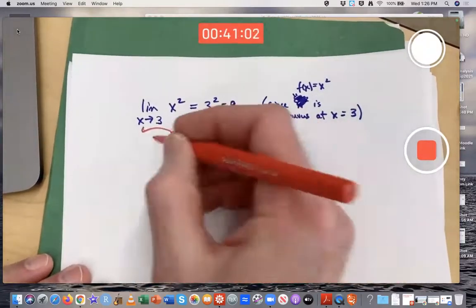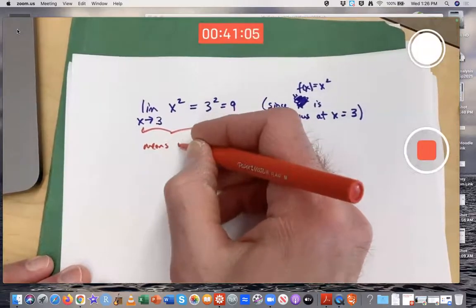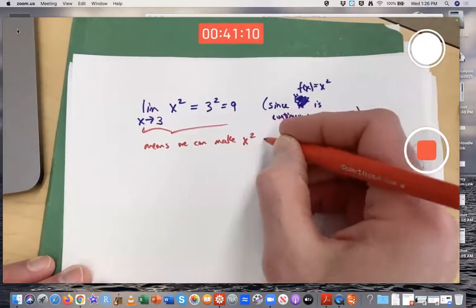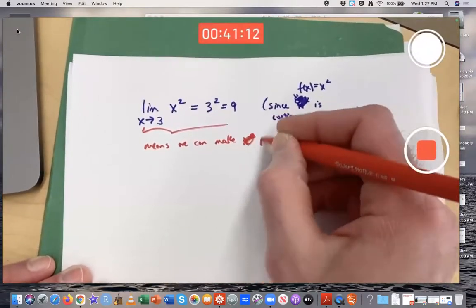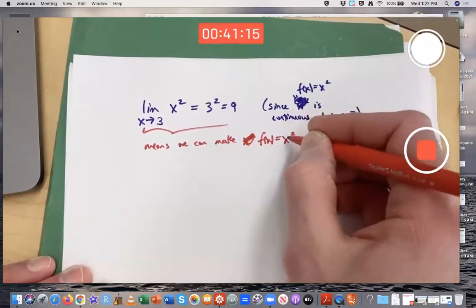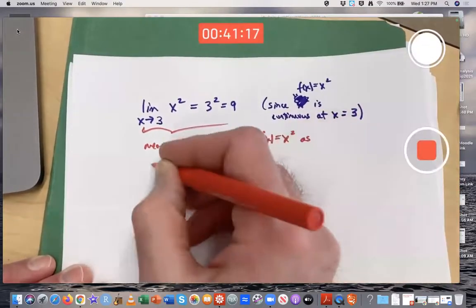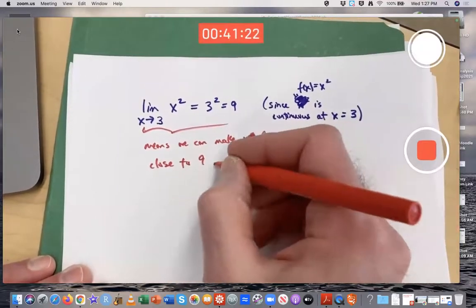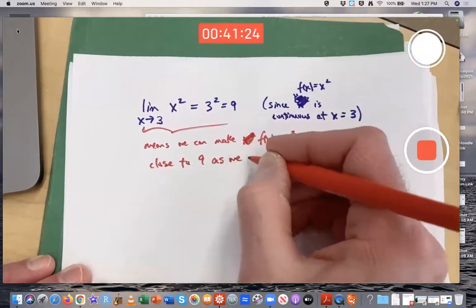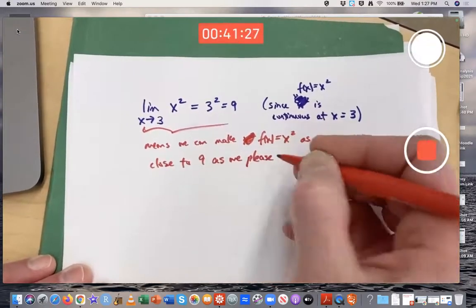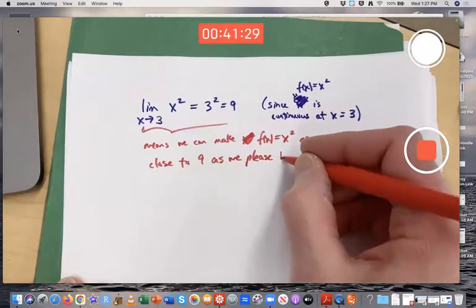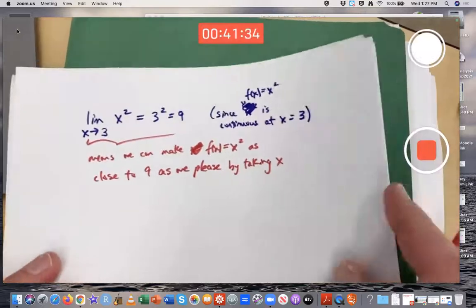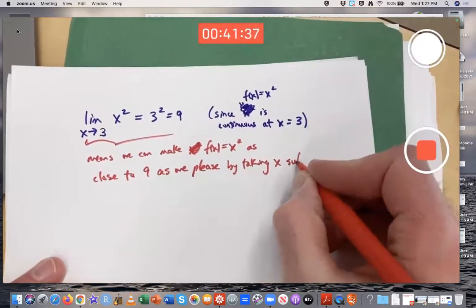This means we can make x squared, f of x equals x squared, as close to 9 as we please, or as we like. I'll say as we please, by taking x itself sufficiently close to 3.